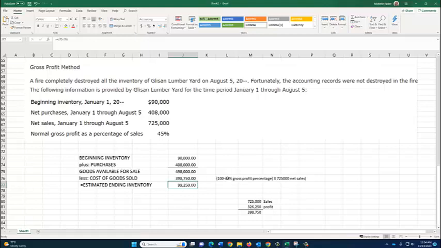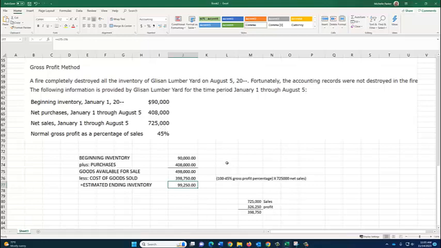Now, I take a little shortcut when I'm calculating the cost of goods sold. Since I know that the profit is 45%, then I know that the cost is 55%. If this is 100% of our sales, 45% of those is profit, 55% is our cost.